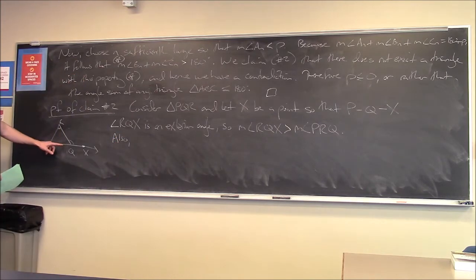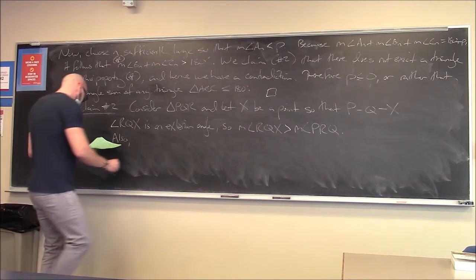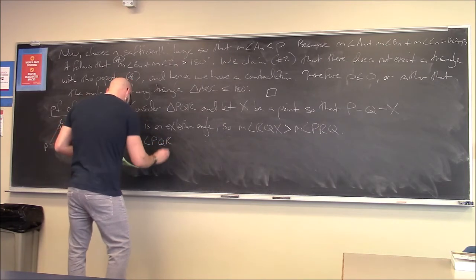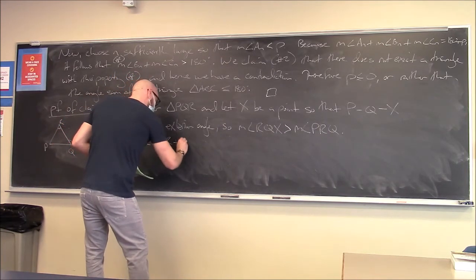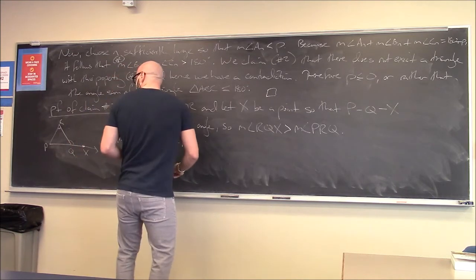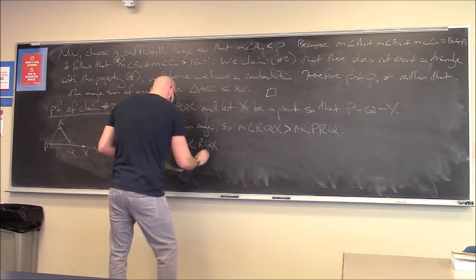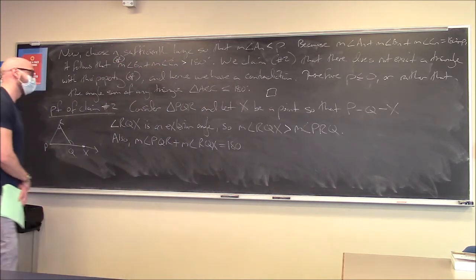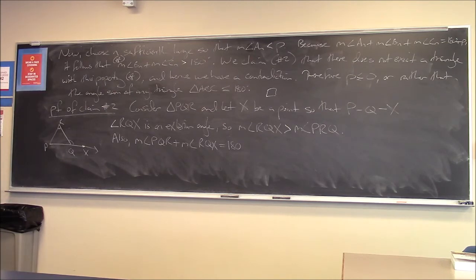So also I've got a pair of supplementary angles here. So also the measure of angle PQR, it is the angle I want, plus the measure of angle RQX is equal to 180. These two angles here are supplementary, so you add them together and they equal 180. And here I should get my immediate result.